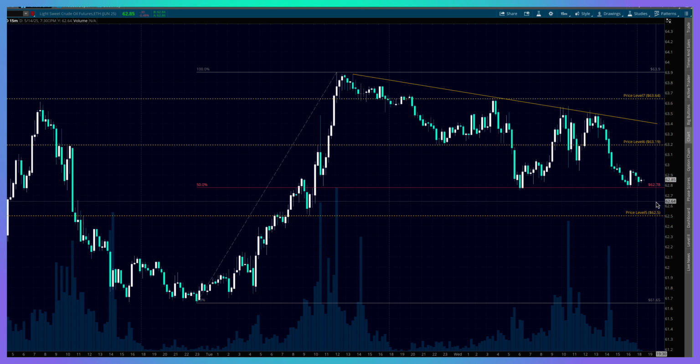Stay down there. If you go, all right, I'm going to wait for this here. I'm going to wait for it to break, recover, and hold. Or I'm going to wait for it to break, try to recover, and fail. And then I'm going to take the trade. Right? Broken market structure. Here's my high, here's my low, it hasn't gone to the 50.